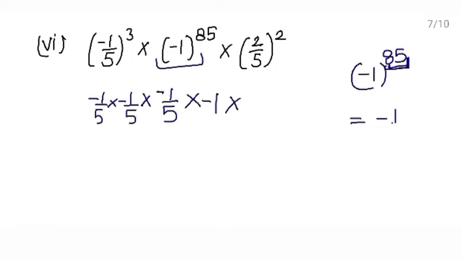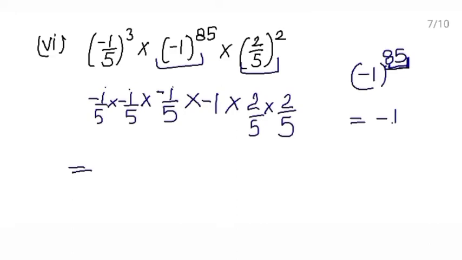Multiply 2 upon 5 raised to the power 2. So multiply 2 upon 5 2 times. Now check, is numerator or denominator divisible by any same number? No, they are not divisible by any same number. So simply multiply the numerators and the denominators. When you will multiply the numerators, minus 1 multiply minus 1 multiply minus 1 multiply minus 1.